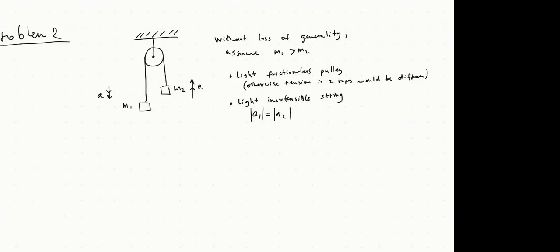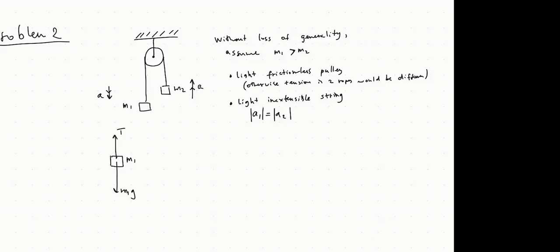So now what we do next: the mass m1 accelerates down, so we write Newton's second law for mass m1. We have m1g going down, and up we have tension in the rope. Now m1g will be slightly greater than the tension.